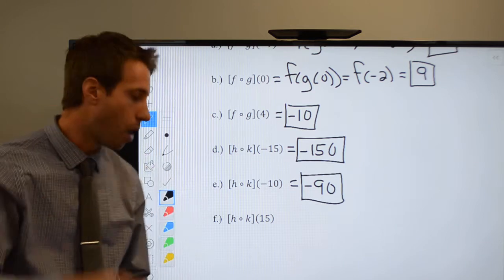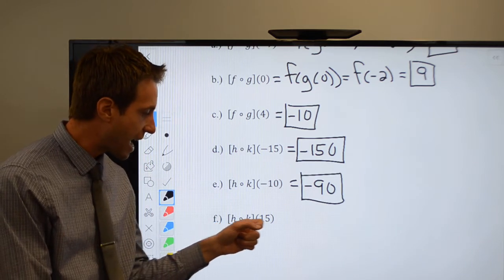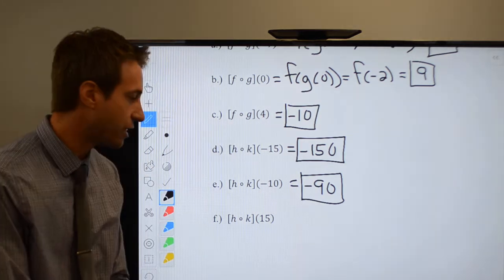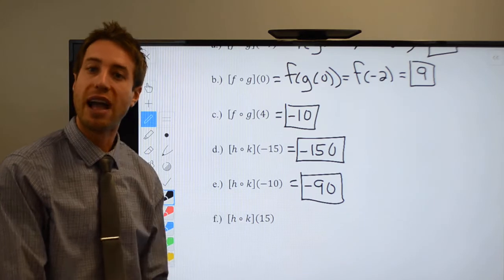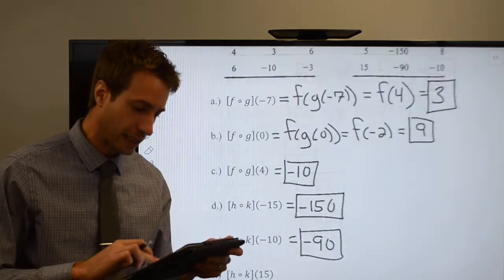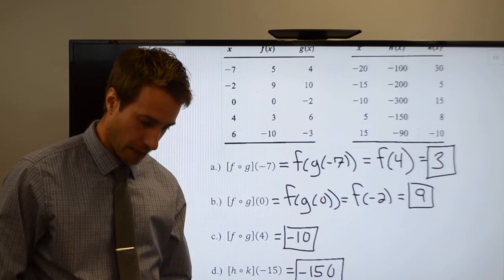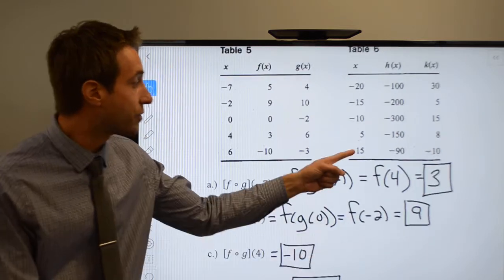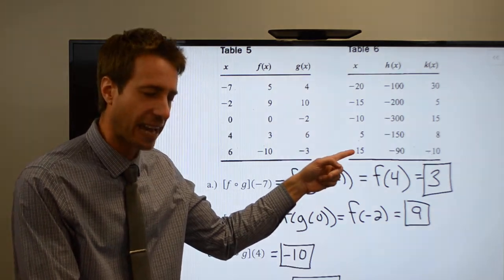And I've got one more to do. Again, I'm going to be doing h of k of 15. So I'm going to start with the 15, plug that into k, take that result, and then plug it into h. So we start with 15. Let's see here. Oh, sorry, hang on. We've got to be able to see h and k. There we go. There's 15. That's my domain value of 15. I go to k first.